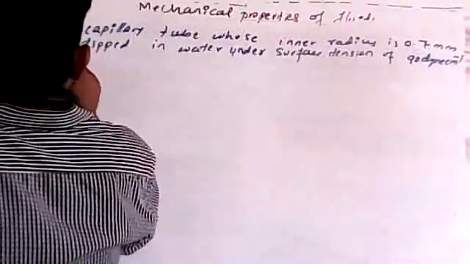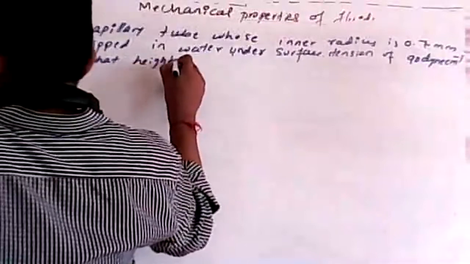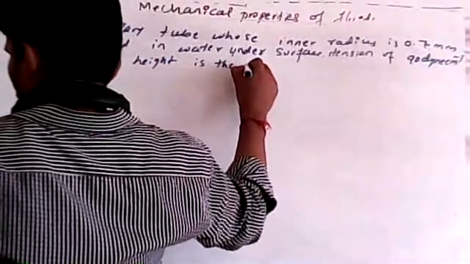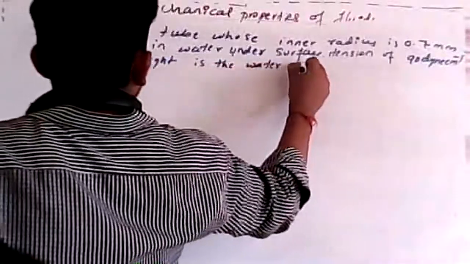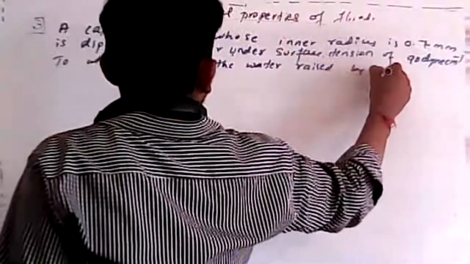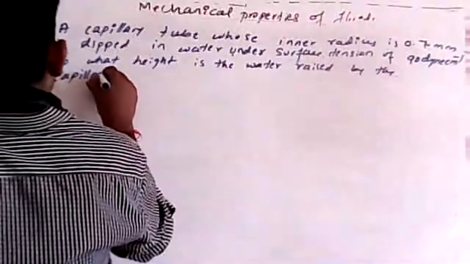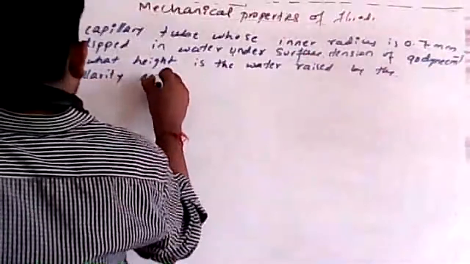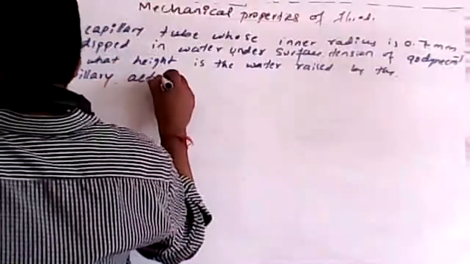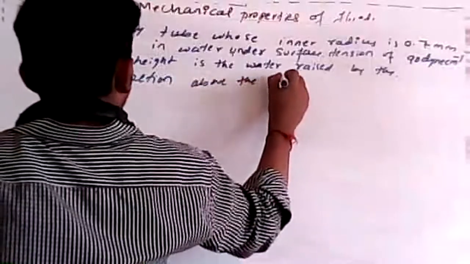To what height is the water raised by the capillarity, or we can write it this way also, capillary action, above the normal vessel?